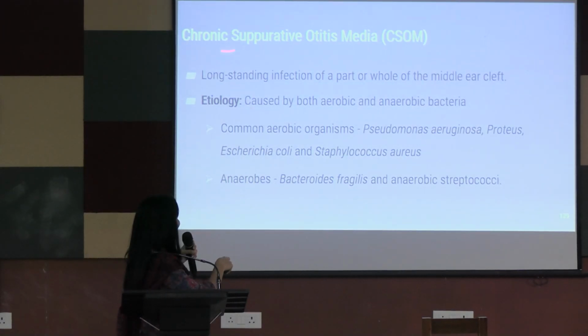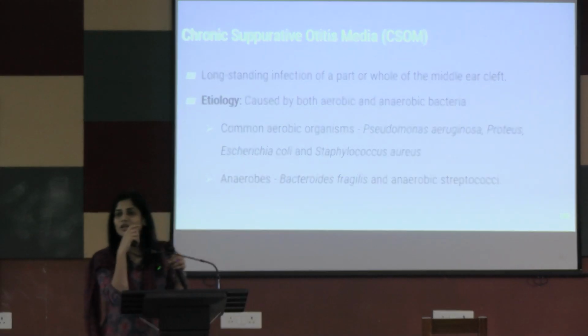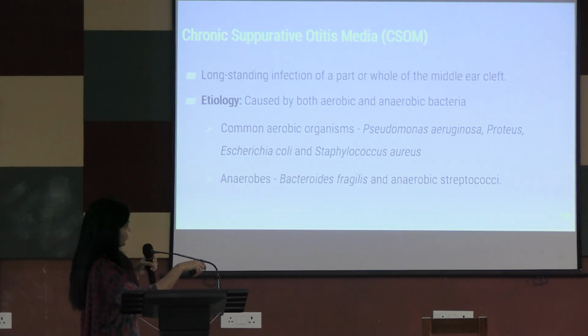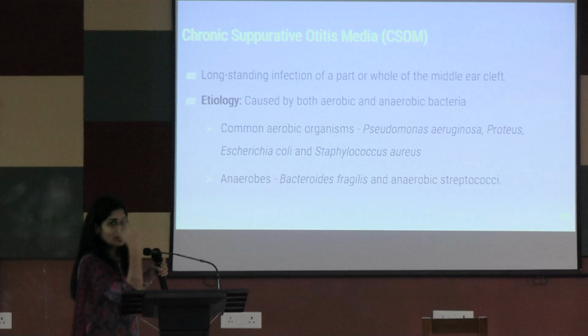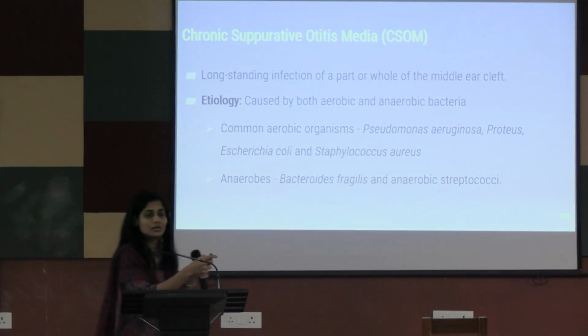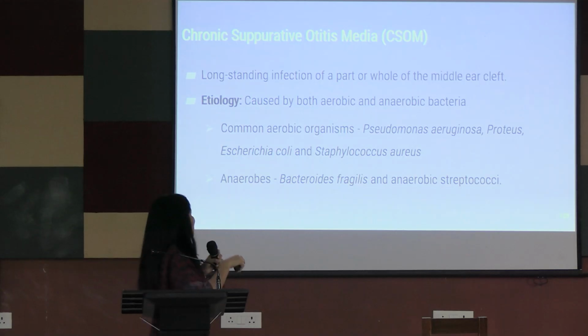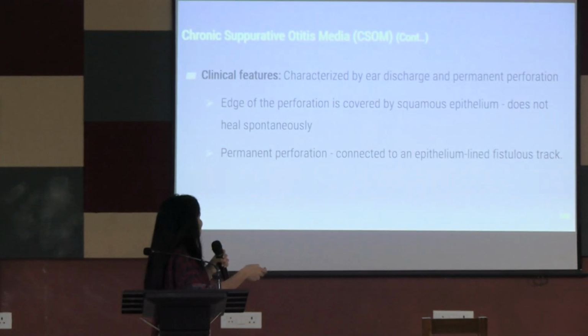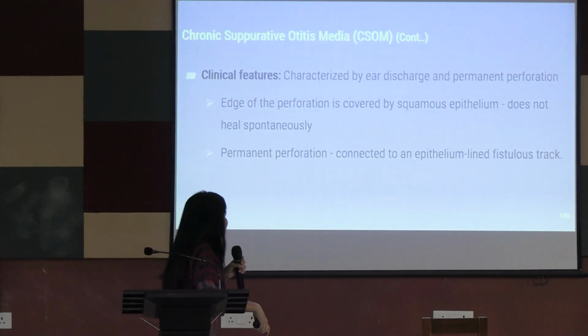Then when you talk about chronic suppurative otitis media, it can be due to aerobic and anaerobic infection. Chronic suppurative otitis media should be treated with care because it might lead to internal, other surrounding brain infection. And what are the common organisms that are involved? Pseudomonas, Proteus, Staphylococcus. That is about CSOM.